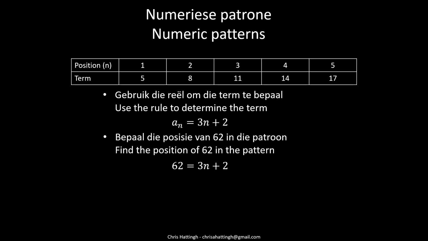You're going to take over the positive 2 and it will change to a negative 2. So 62 minus 2 gives you 60. So 60 equals 3n, and then you need to divide. 60 divided by 3, so the n will be 20, or the position of 62 will be in the 20th place.